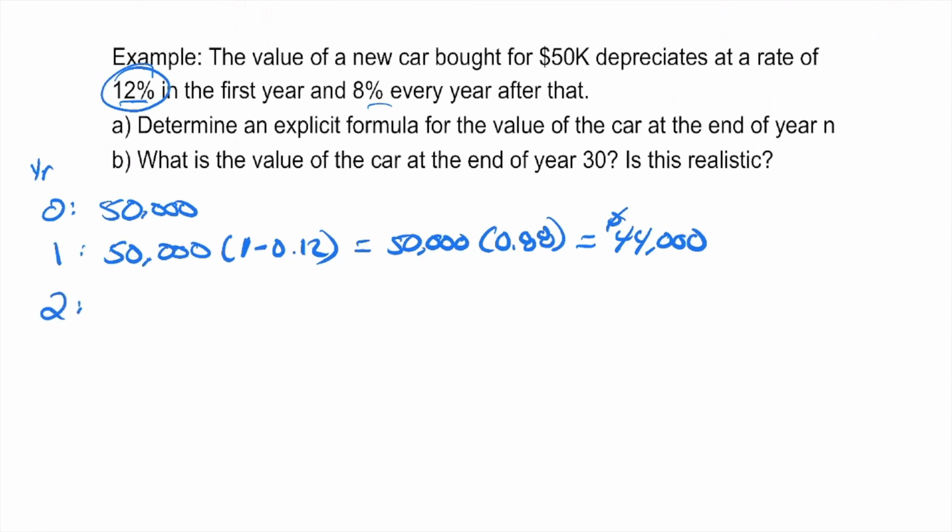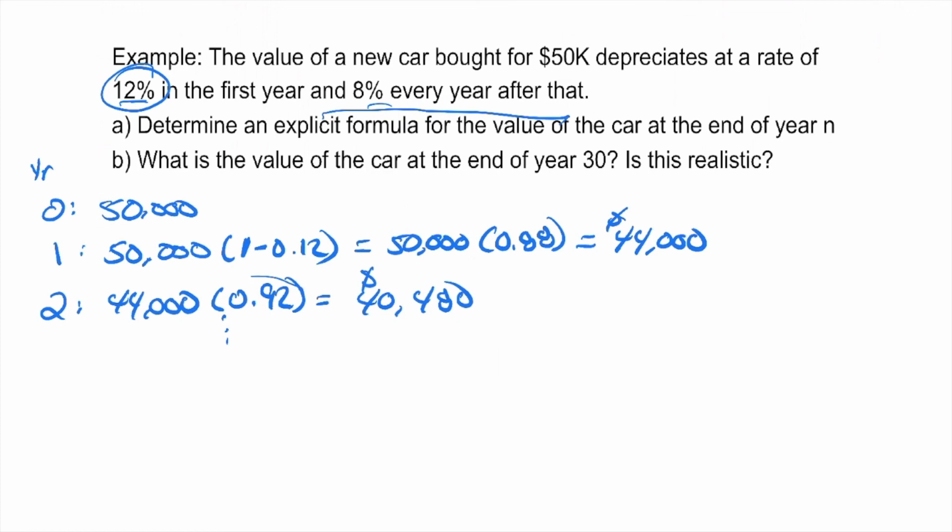The second year is where our pattern will repeat, because every year after that, the car is depreciating by 8%. So after the second year, it's going to be 44,000 multiplied by 0.92. After year 2, the car is going to be worth $40,480, and then we'll continue on. So here my R value is actually 0.92.